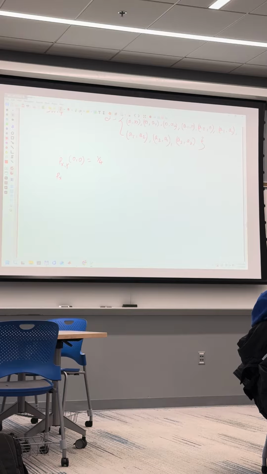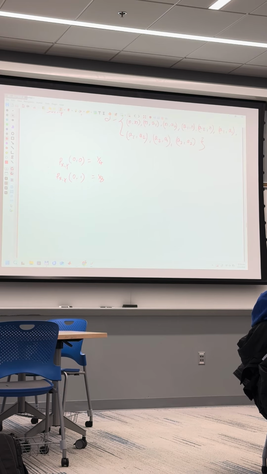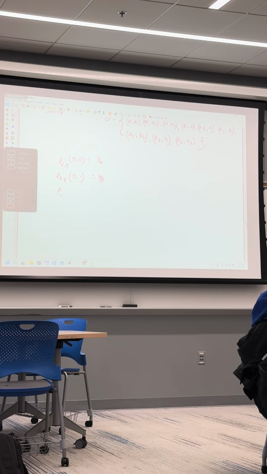PMF of X, Y taking value 0, 1 is going to be 1/8. PMF of X, Y taking value 0, 2 is going to be 1/16.